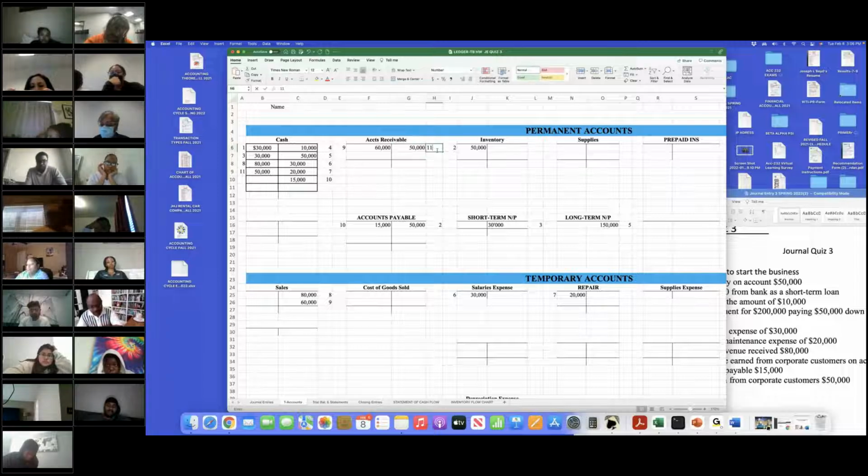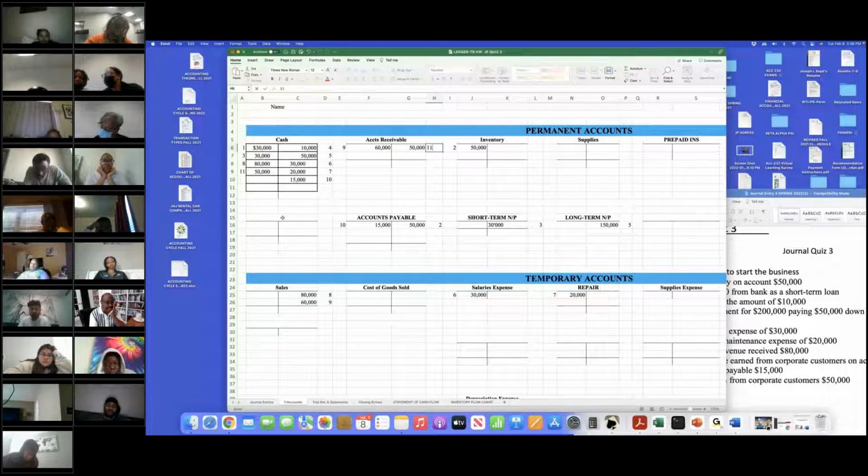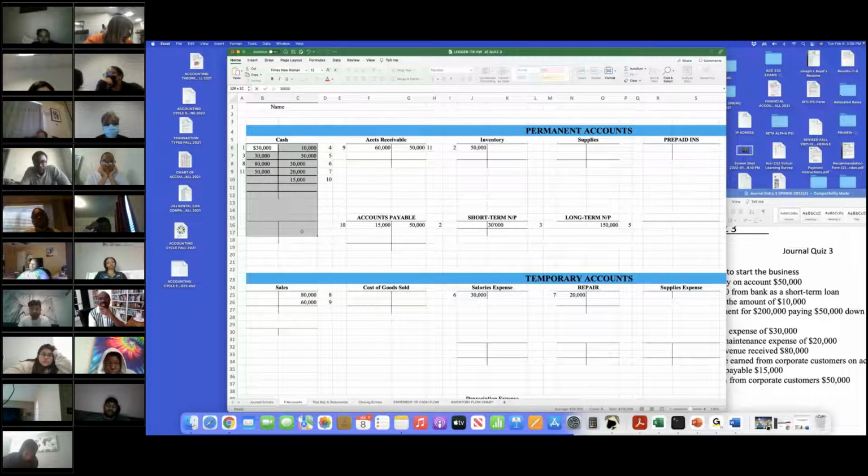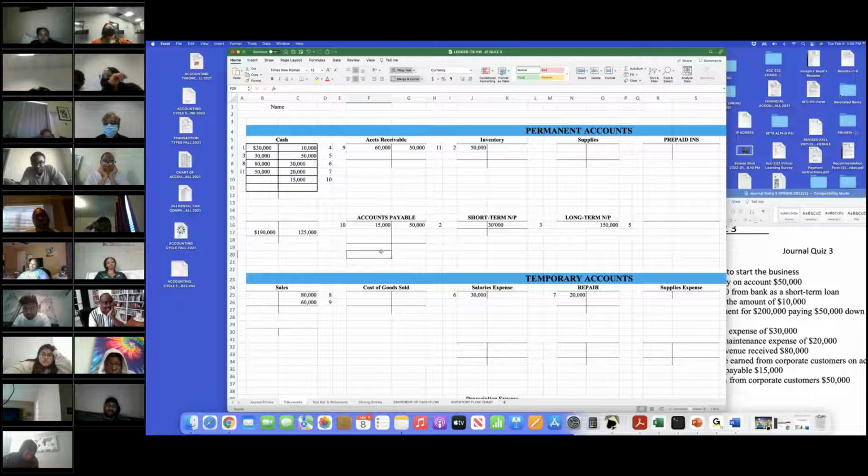Okay, so at this point, we've done all of this posting. We want to get balances in each account. So what I'm going to do is come and auto sum cash. My debits are 190, my credits are 125. I'm not going to put these on the trial balance.